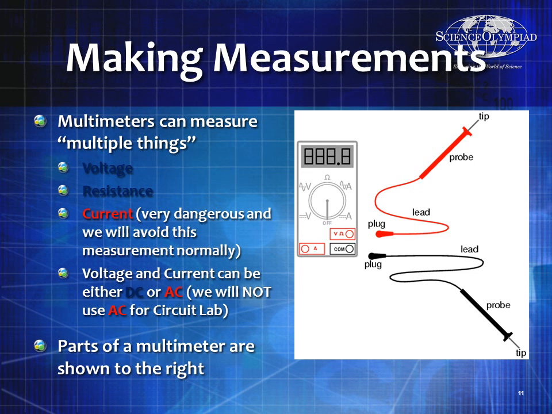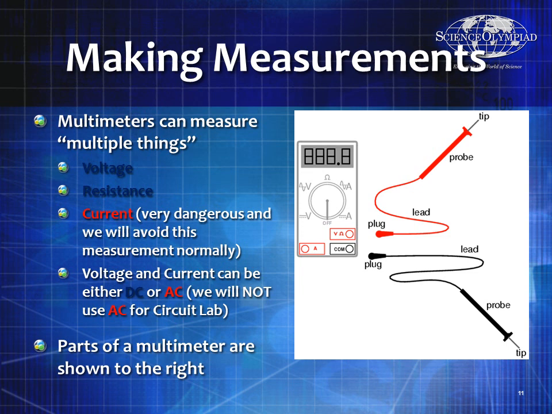Now, I will warn you, measuring current is a very dangerous thing to do. That's why you'll notice that you have to move your leads, where normally your leads are set up to measure voltage and resistance. For all practical purposes, that's how you want to always have your multimeter set up.